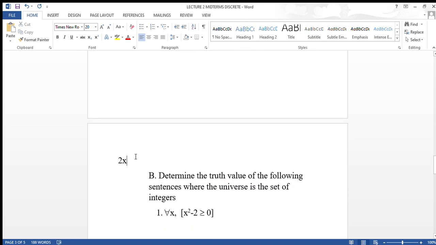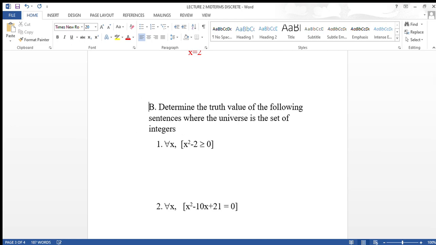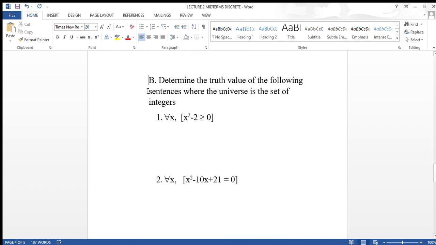We now go to the second part of the homework. Still, determine the truth value of the following sentences where the universe of discourse is the set of integers. So in the earlier example, we just considered the set of positive integers. This time, we are considering the set of integers. Okay.